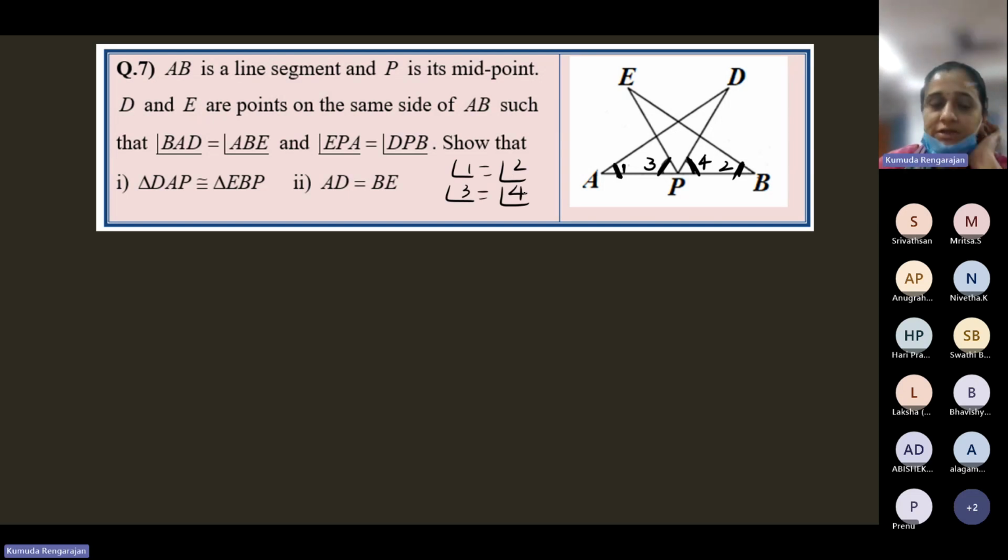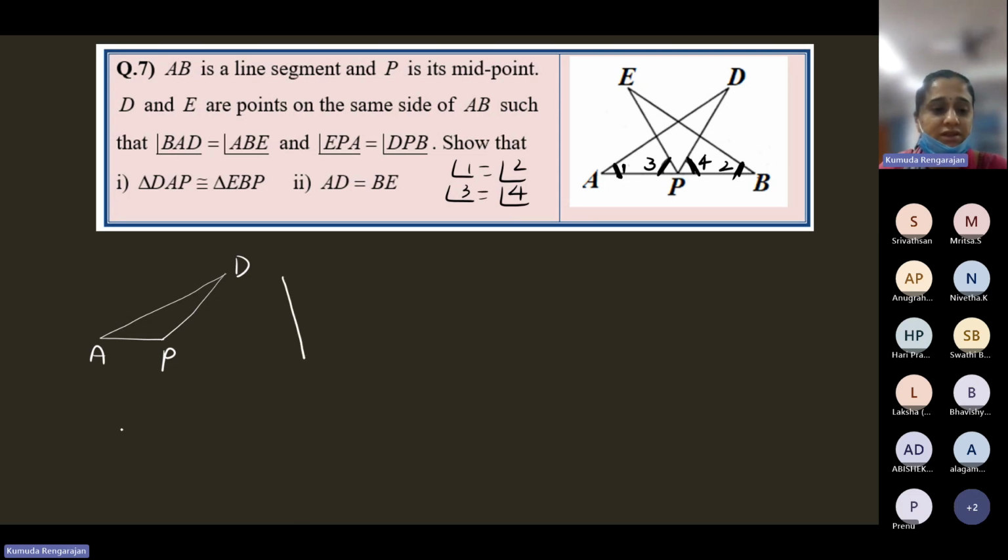Show that triangle DAP is congruent to triangle EBP.